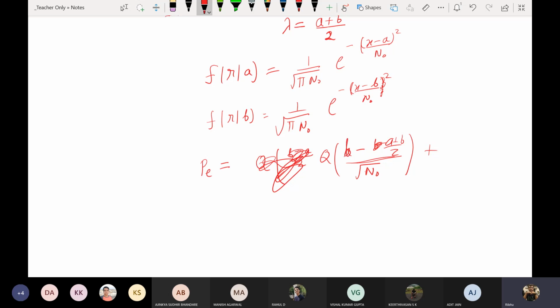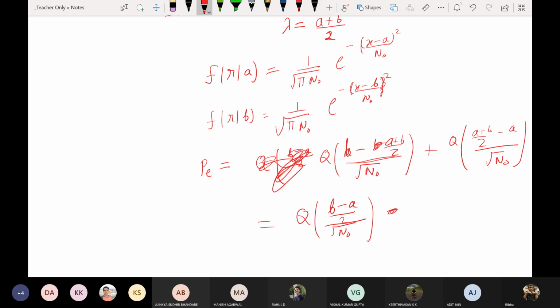Sorry, B minus A, since B will be bigger. From what we did with the Q function above, this makes some sense.